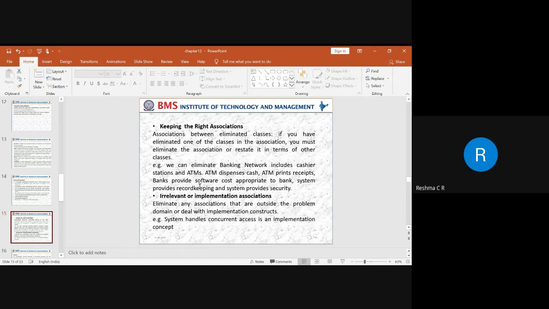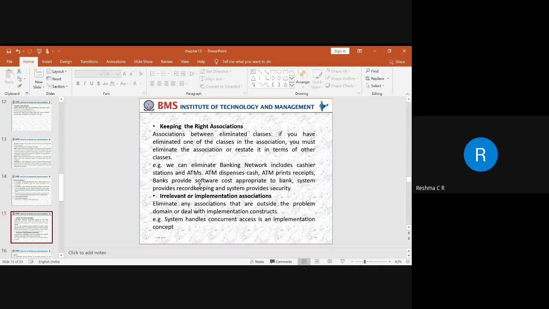We say that is record keeping. Record keeping comes under vague classes. And a system provides security, so security is a broad class. When we eliminate those two classes, we need to eliminate the associations between the classes, whatever associations we have considered.